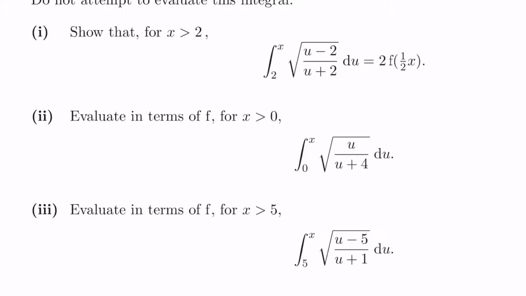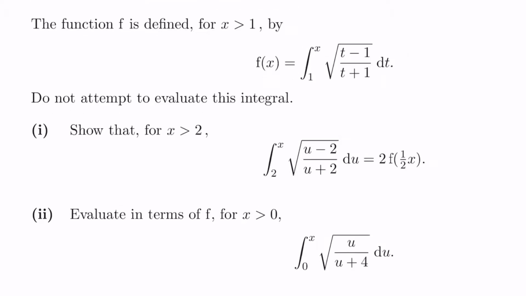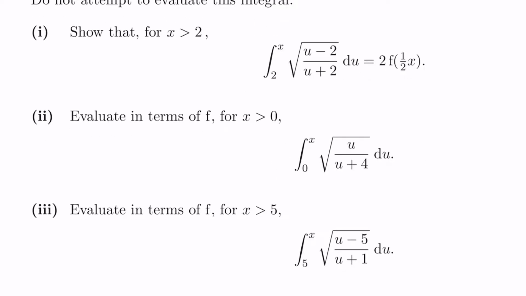The interesting thing to notice about the integral in part 1 is that it has the same number subtracted from u in the numerator and added to u in the denominator. And thinking back to what we did for part 1, when we had two integrals of that form, we were able to express one in terms of the other. So here we can ask, can we get the integral in part 3 into that form?